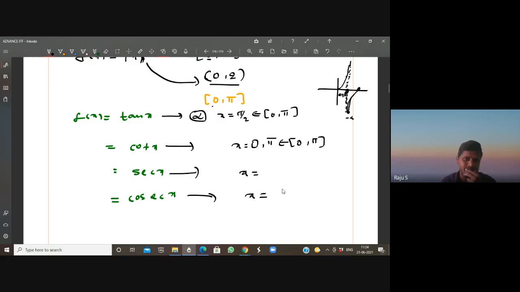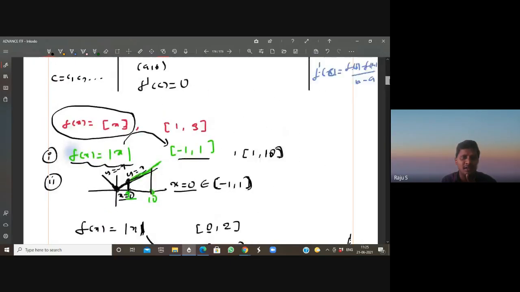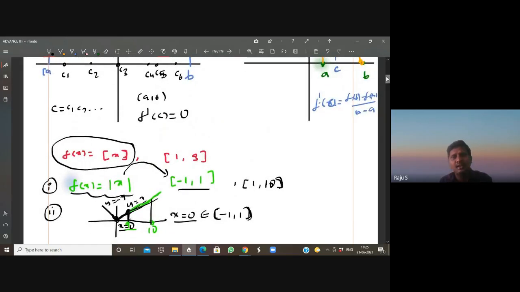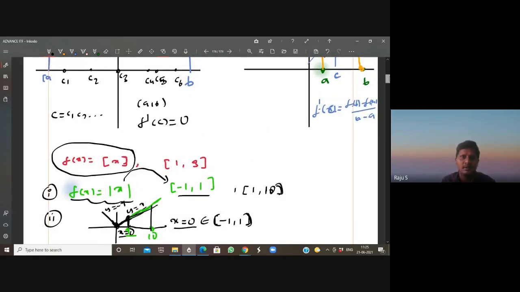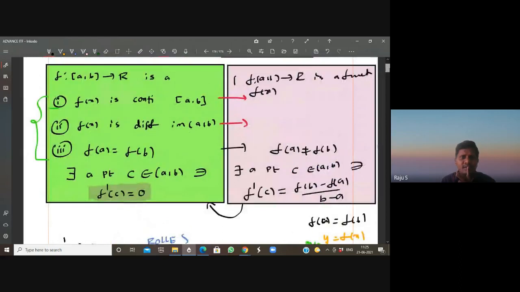Cosecant x, am I right? So 0 belongs to 0 to pi. Like that, I have given some examples. So here it is not continuous. Directly these functions are not continuous. The first condition of Rolle's as well as Lagrange's fails in the interval 0 to pi. Based on the interval, first observe the function, then the given interval. That's all. Okay.